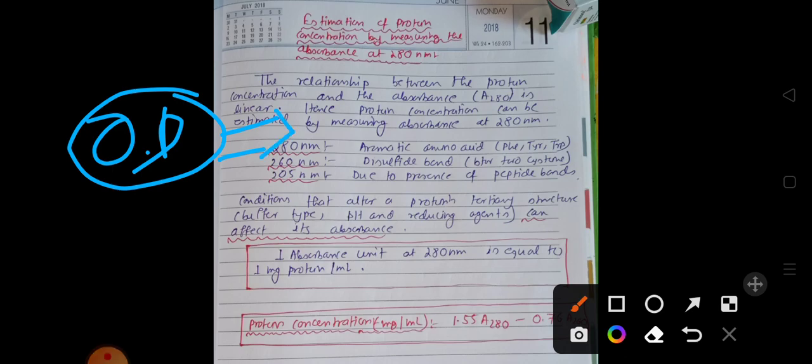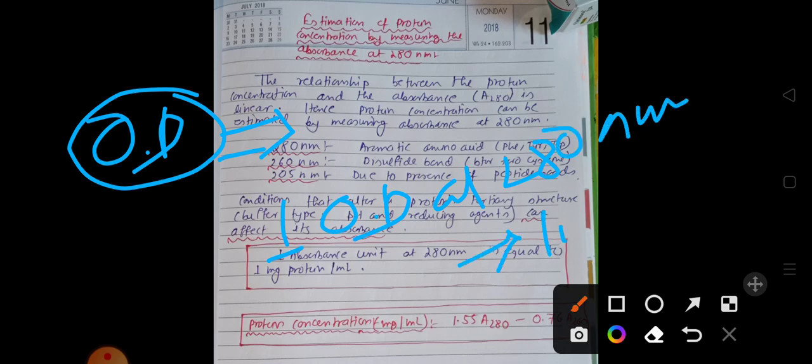Now the idea is how we will determine the concentration of the protein from that OD value, because our main goal is to find out the concentration of the protein present in that unknown solution, right? There is a formula that tells us that one OD value at 280 nanometer is equal to 1 milligram per milliliter of protein.